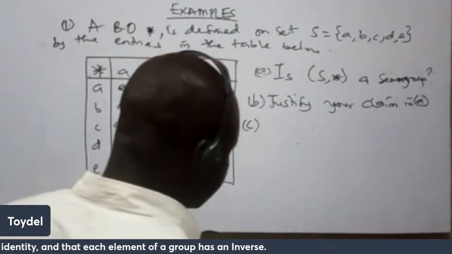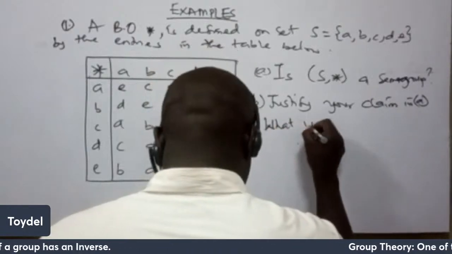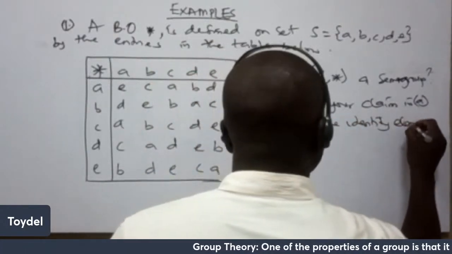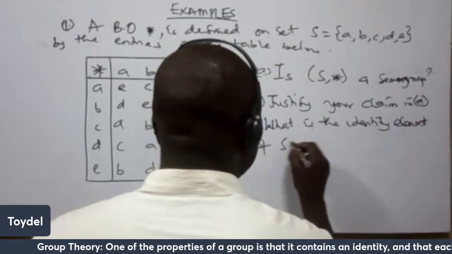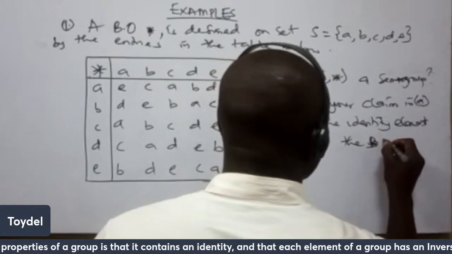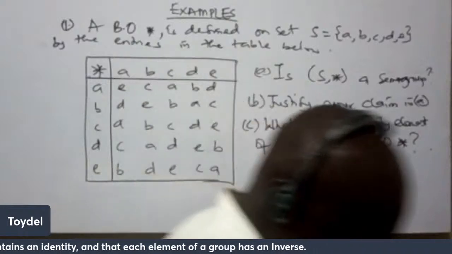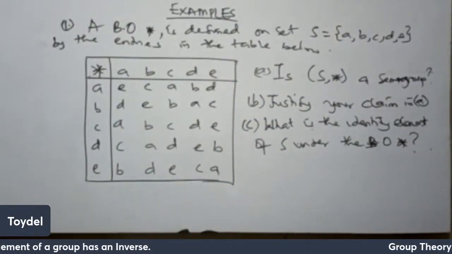If it's not a semigroup, you justify. Then the third question says, what is the identity element of S under the binary operation asterisk? So these are the 3 questions that we want to answer.